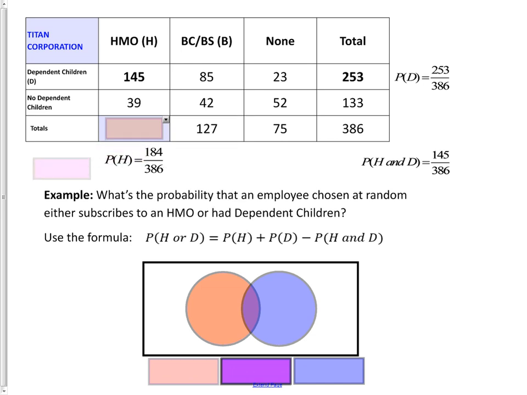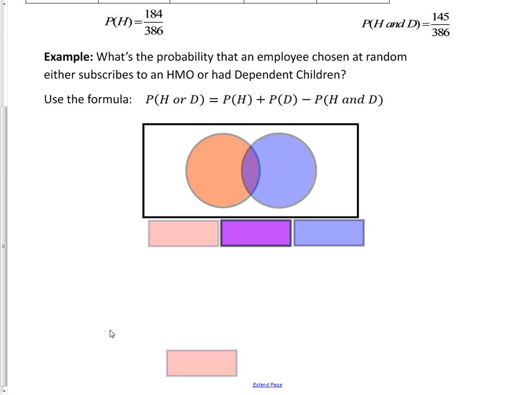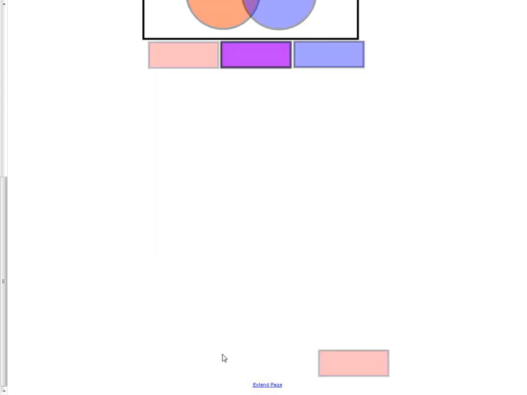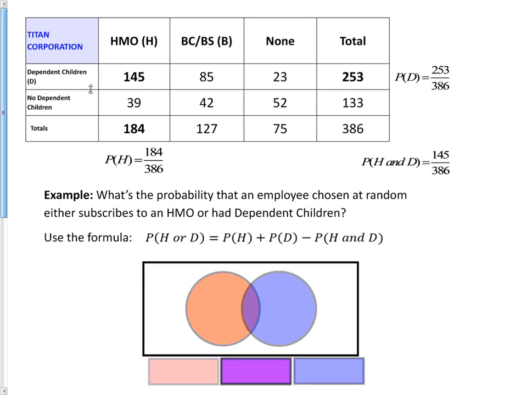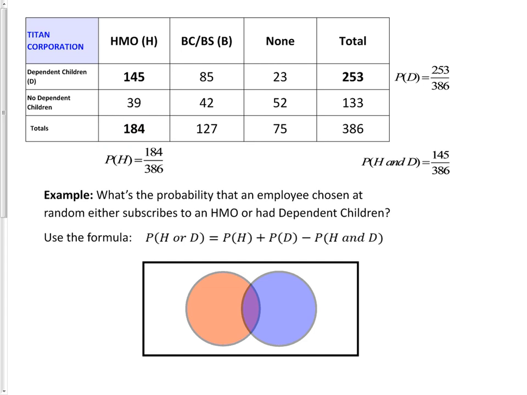There are 184 employees here, and we'll just use a red pen. That's easier, right? 184 employees that have an HMO, right? So we would write 184 here in red. Okay, fixing the leaky pen there, always a problem with this particular board.